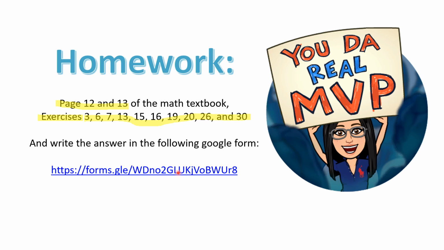And then you're going to answer the questions, and it's just going to say page number and exercise number, and all I need there is the answer. I do not need the procedure because maybe you have very short space to write it down. So just write the answer, and that is what I'm going to check and give you points for.